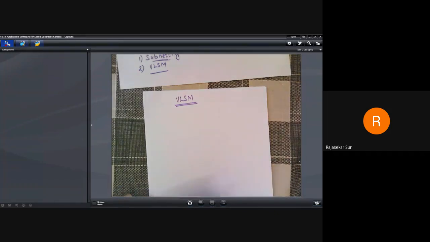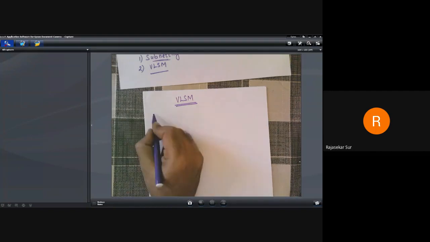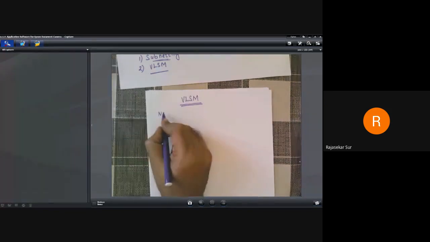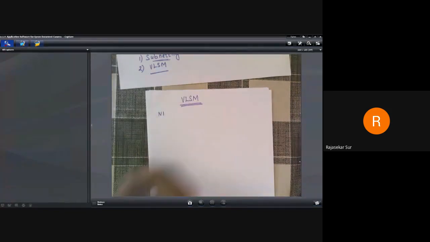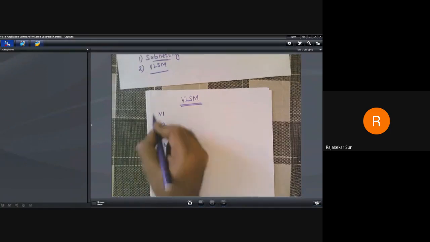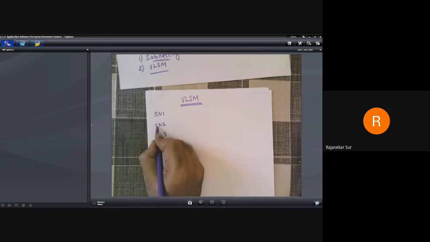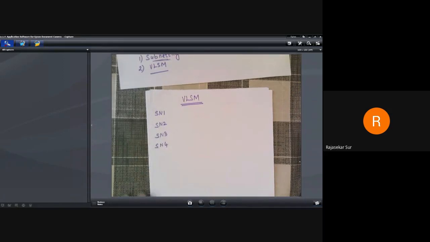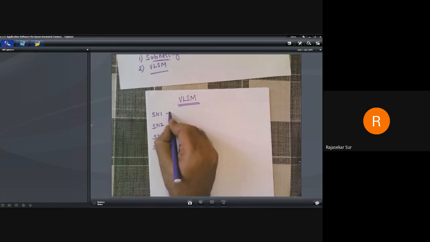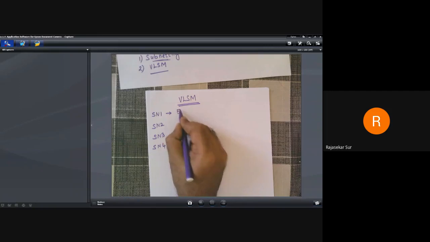See here. Network 1, network 2, network 3, network 4, or we can say subnet 1, subnet 2, subnet 3, subnet 4. There are 4 subnets available. For the first subnet, I have 5 hosts.